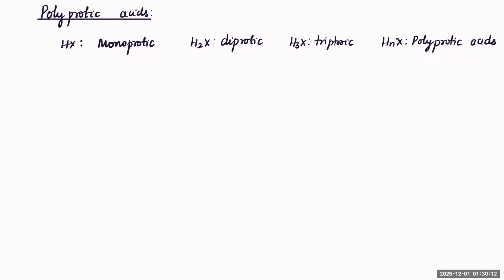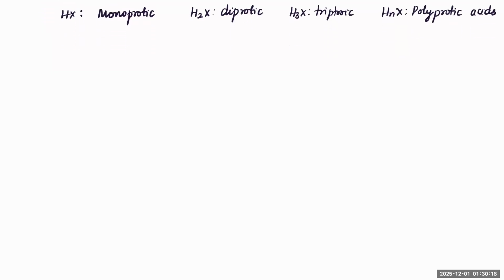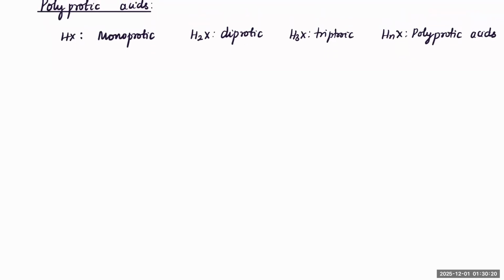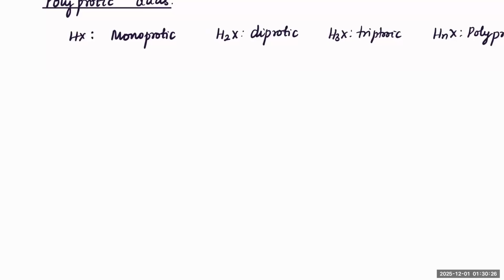First, let's focus on calculating the pH where you have polyprotic acids given. So we'll start with one example of diprotic acids.